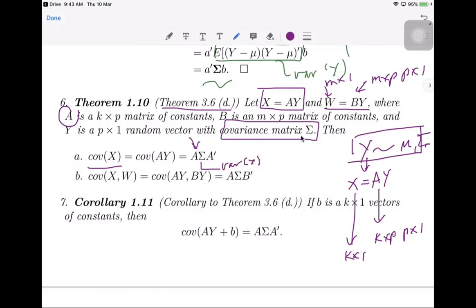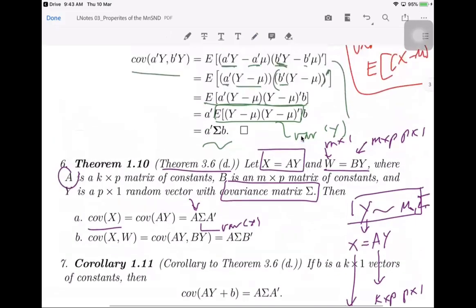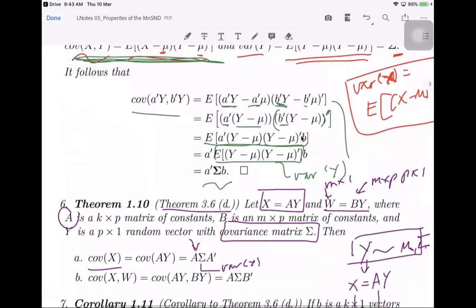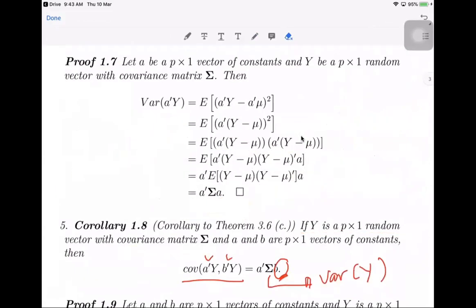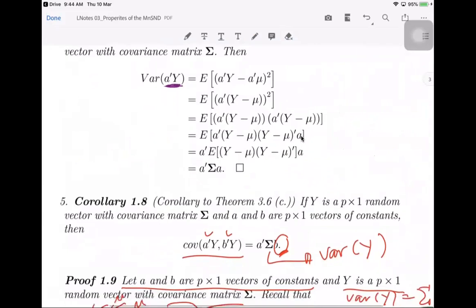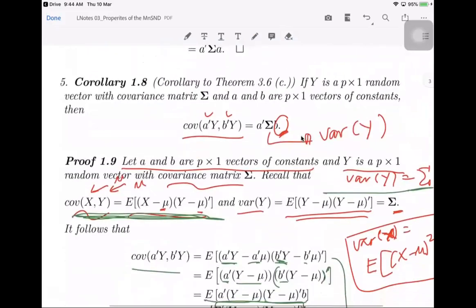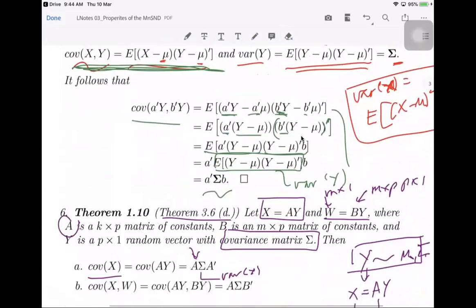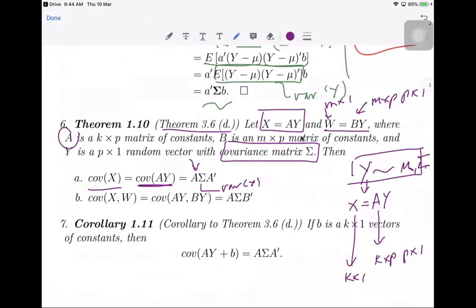So this is just a generalization. In the earlier proof we have a transformation that is just pre-multiplying your random vector by a vector of constants. In this next result, this is a transformation pre-multiplying your y by a matrix of constants.